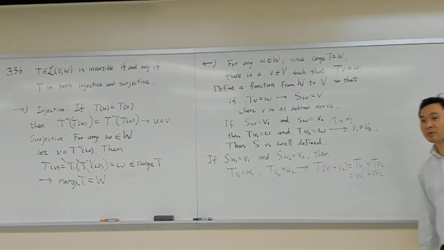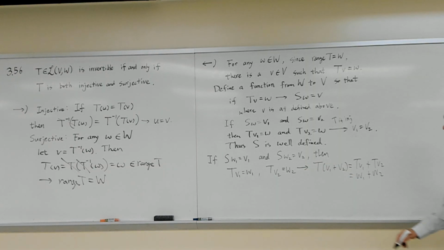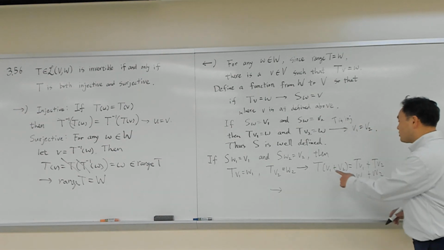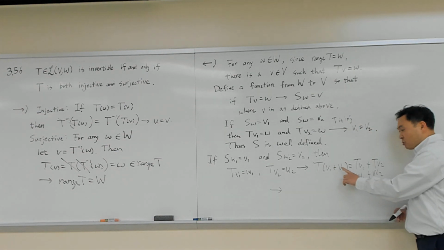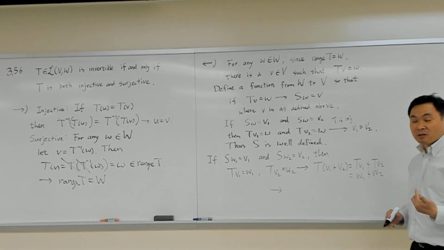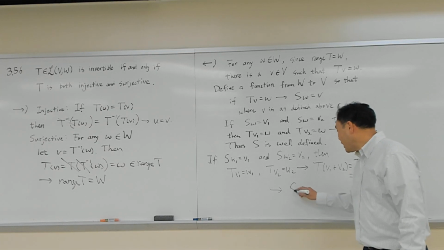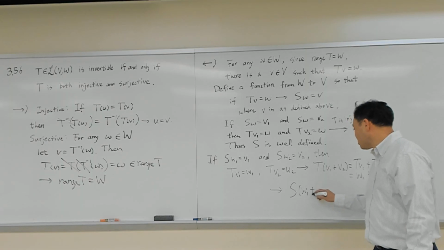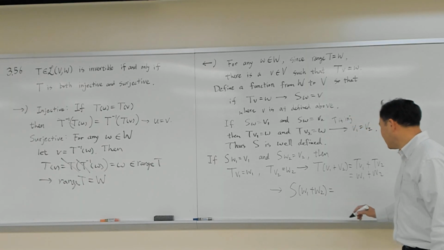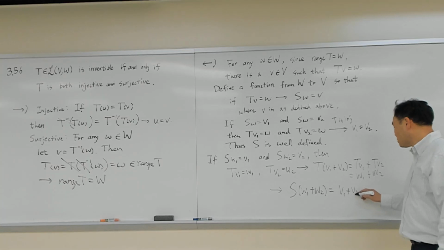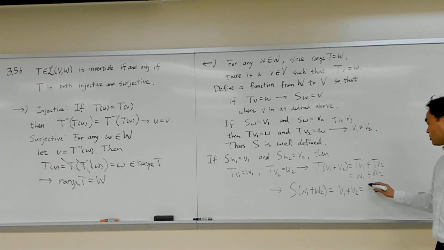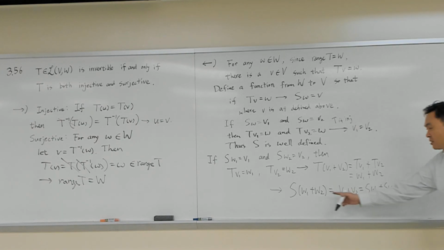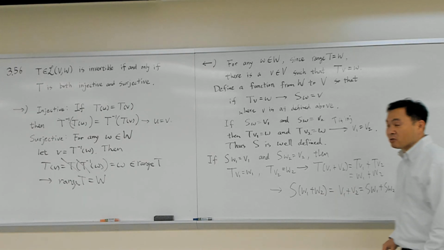Whatever relationship you get from T, you just switch input and output; that's your inverse function S. So S of w1 plus w2 is v1 plus v2, which is S of w1 plus S of w2. So additivity holds for any w1 and w2.